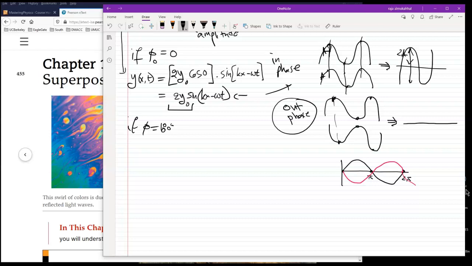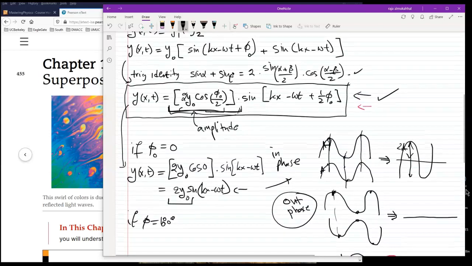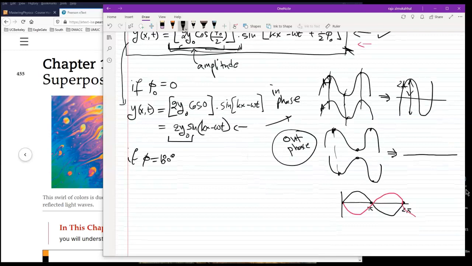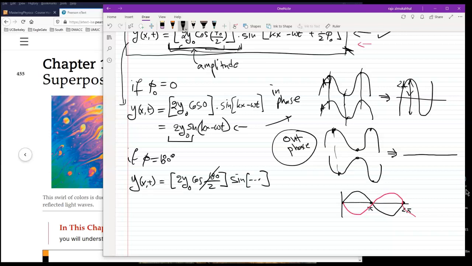Anyway, so when we plug in 180 into our equation, this equation right here, we will get, so in this case, y of x,t is equal to 2y naught cosine phi naught over 2, which is 180 over 2 times sine and so on, but because this is cosine 90 is equal to 0.